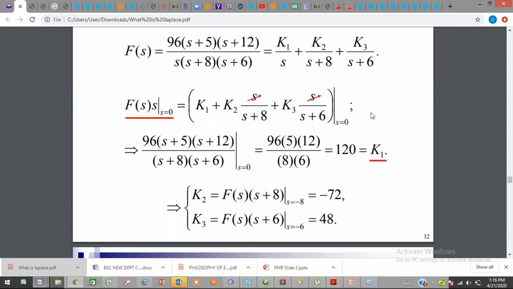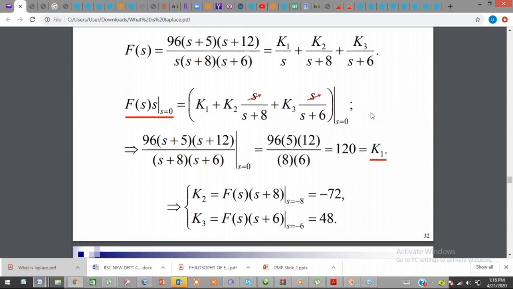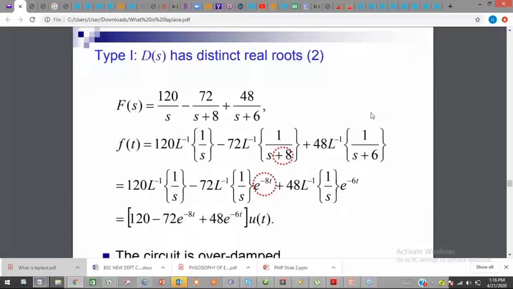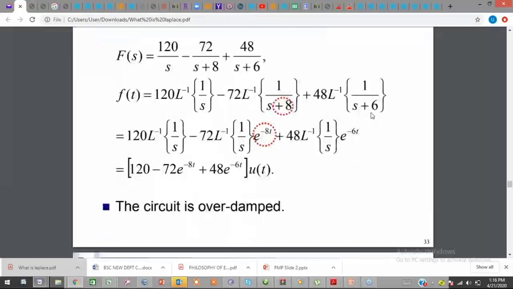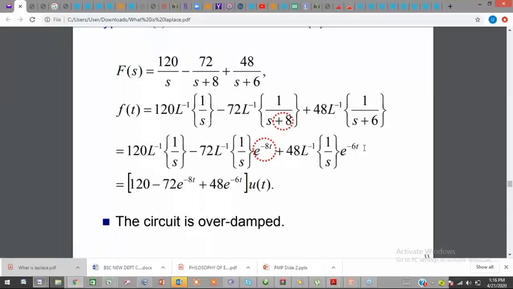Putting the k values into the formula, we see that f of t is equal to 120 L raised to the power of minus 1 of 1 all over s, minus 72 L raised to the power of minus 1 of 1 all over s plus 8, plus 48 L raised to the power of minus 1 of 1 all over s plus 6.